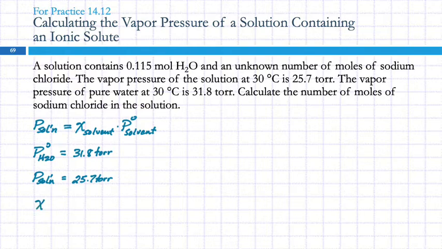So the mole fraction of the solvent, well, let's just call it H2O because that's what it is. The mole fraction of H2O will equal the partial pressure, or the vapor pressure of the solution, divided by the vapor pressure of water. So I took this equation and I divided by the vapor pressure of the pure solvent to get the mole fraction.